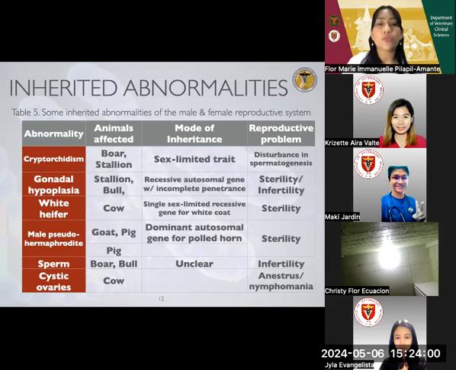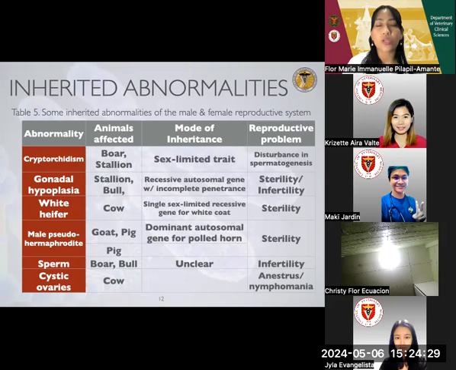Next, we have the male pseudohermaphrodite, which can be exhibited by the goat and pigs. And this could be inherited through a dominant autosomal gene for poled horn. Okay, so this is one trait that we have to be particular with when we're dealing with poled small ruminants, poled sheep, and poled goats.